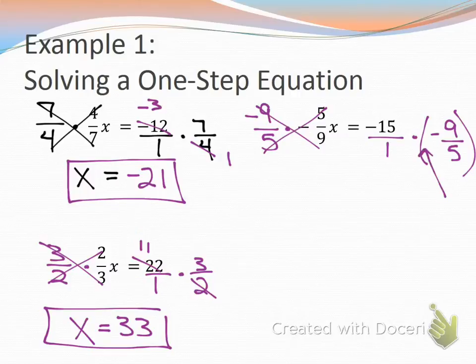Because it's a double sign. Very good. Can I cross-reduce? Yep. -3 and 1. And what's -3 times -9? Why is it positive? Two negatives, an even number, positive answer. 27.